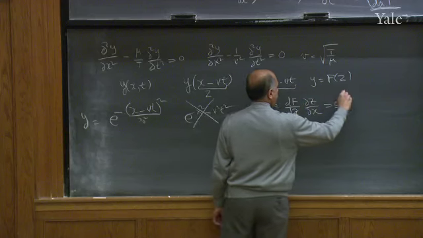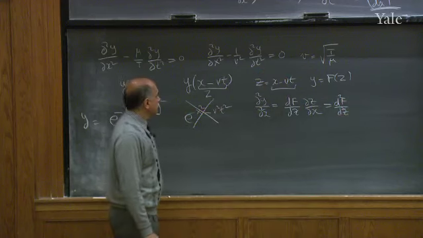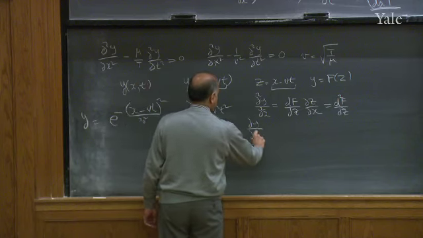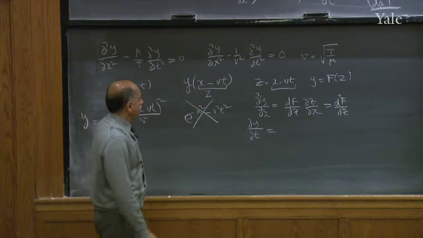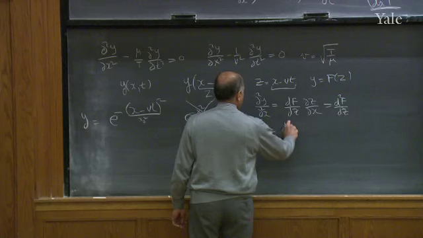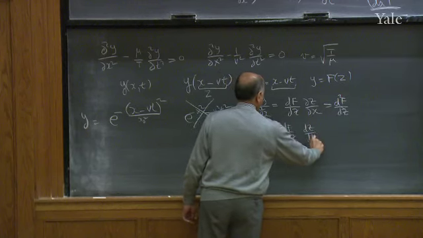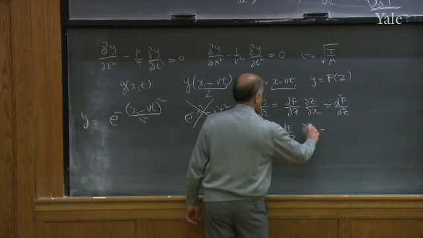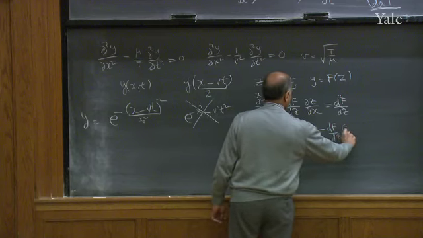Everything will go the same way. You will get this. But how about dy/dt? If you want dy/dt, again you take df/dz times dz/dt. This should be written as a partial. dz/dt is minus v, so it is df/dz times minus v.